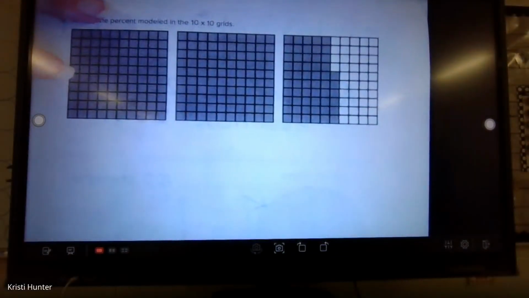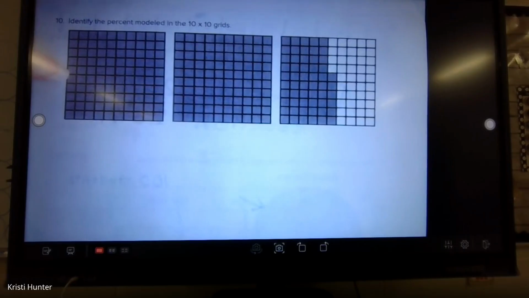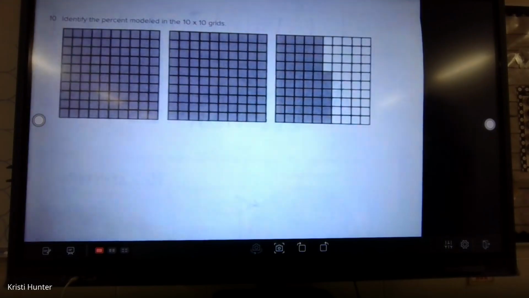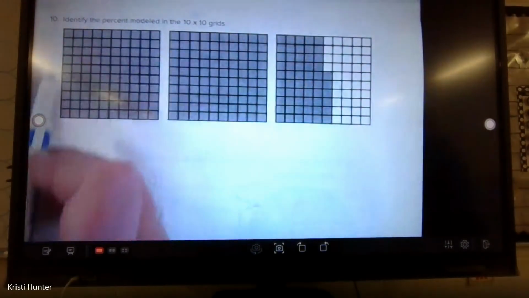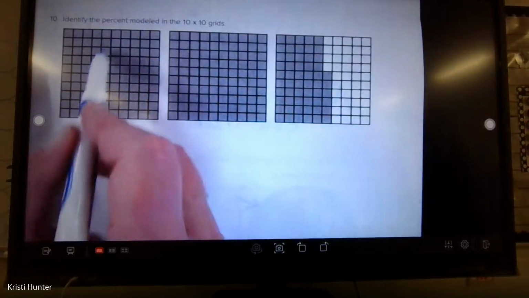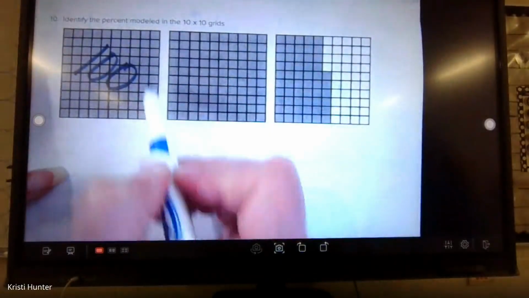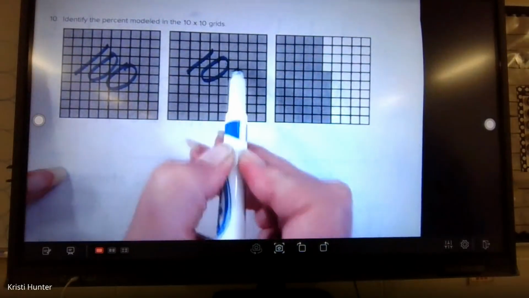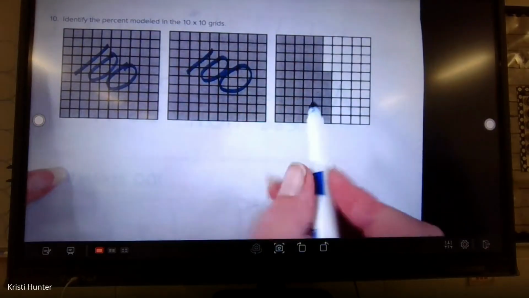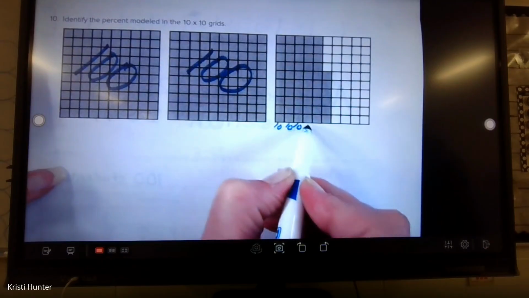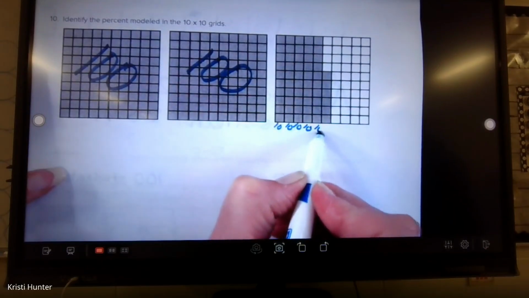All right, and the very last question, the 10 by 10 grid, or multiple 10 by 10 grids. Identify the percent that's modeled. So when we look, we have the whole grid shaded, so that's 100. We have another whole grid shaded, so that would be another 100. And then when I count, I have 10, there's 10 more, 10 more, 10 more, 10 more.